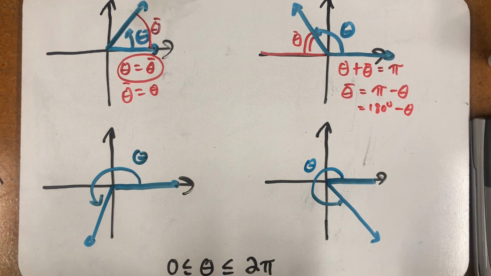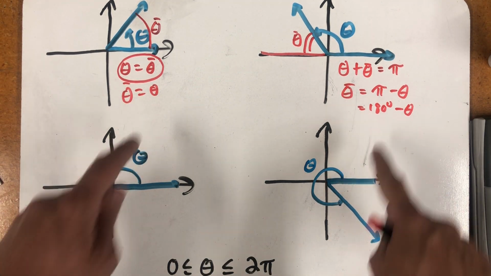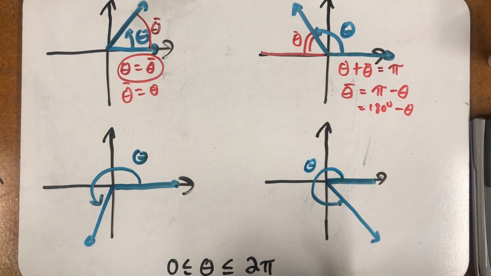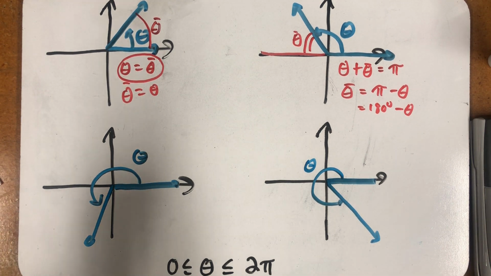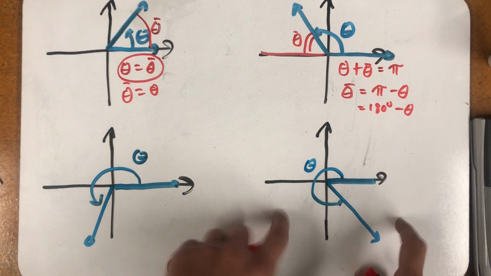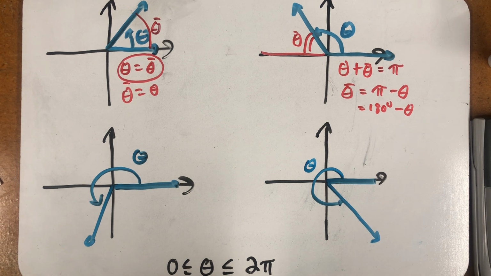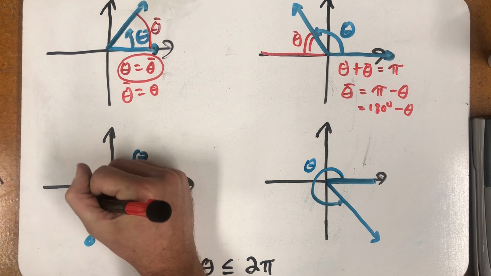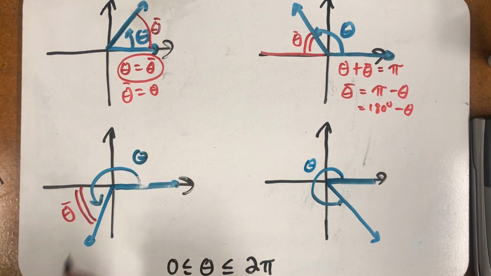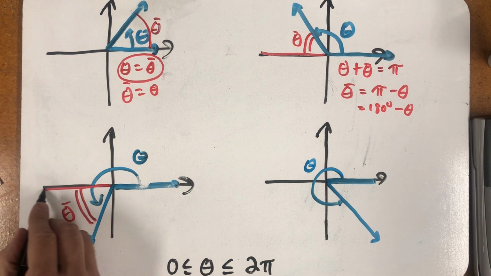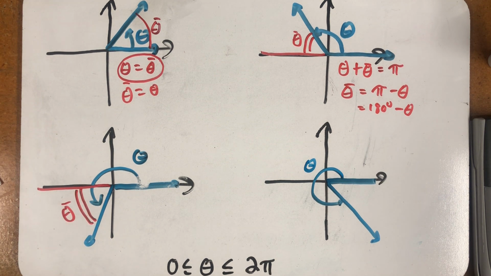Let's use that same logic to come up with equations like these for third and fourth quadrant angles. In fact, I challenge you to pause the video here and see if you can deduce what they would look like. Okay, so I see my reference angle here. I'll call that theta bar, right? This nice, happy, positive acute angle between the x-axis and that terminal side.